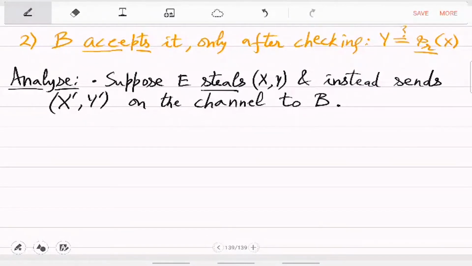So B will in step 2 just check y prime equal to phi r x prime. So, what happens?